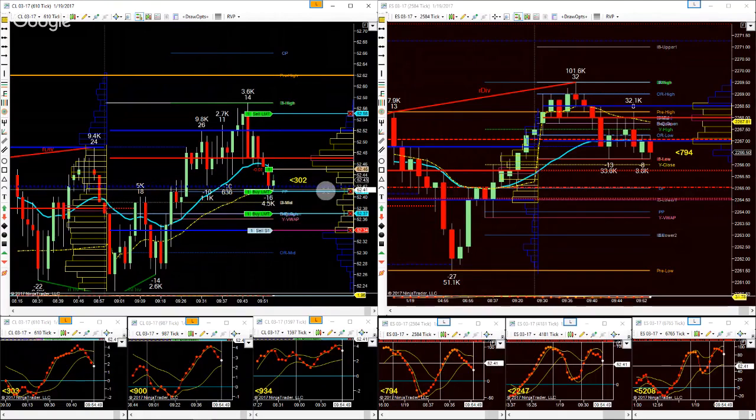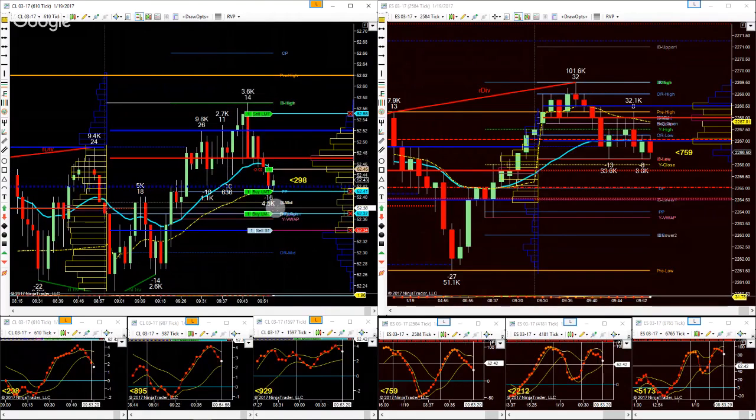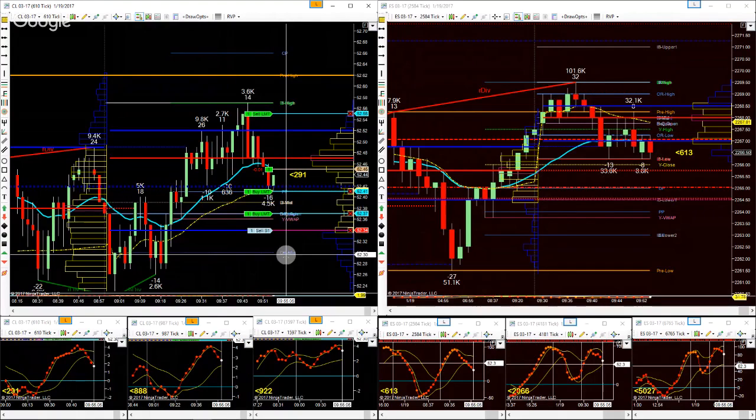But so far, this is holding nicely. For those looking at second entries, here's your high, your count is at 0. So far, you are still at 0. You get to have your first entry on a long.